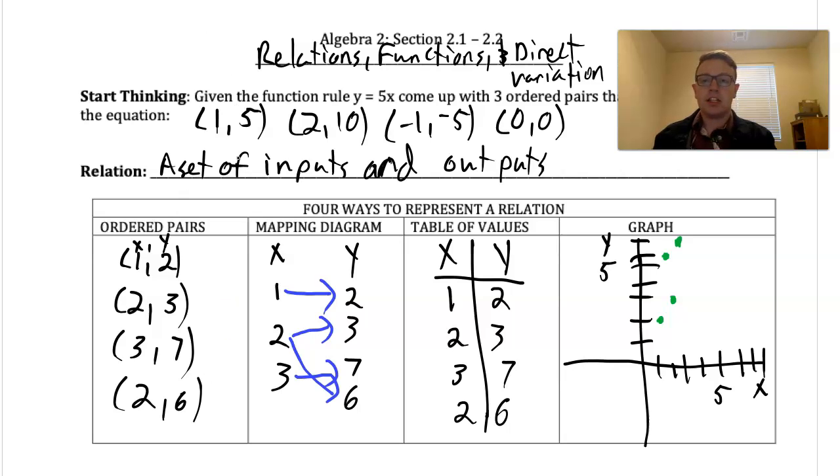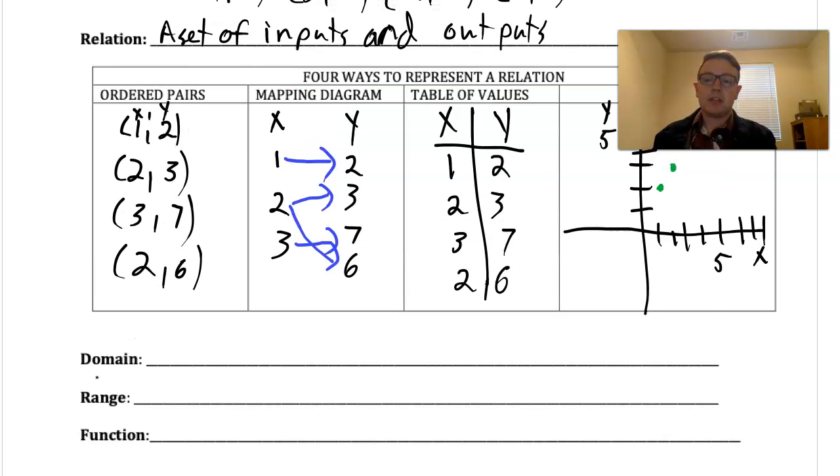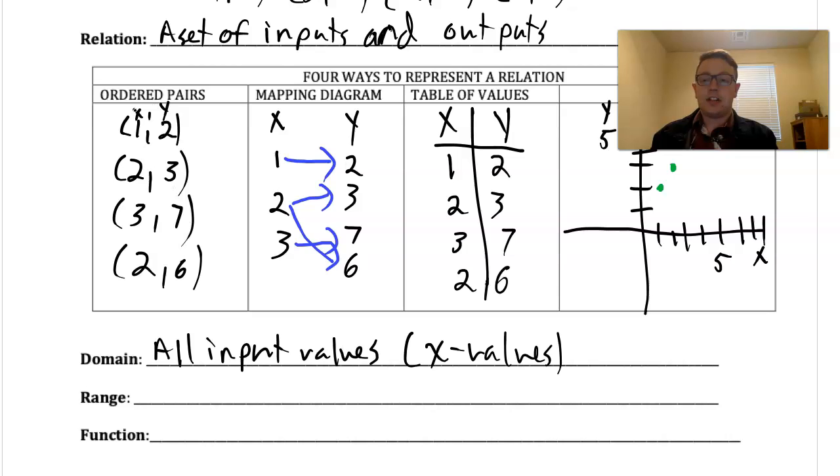So these are all different ways we can represent groups where we have one input that corresponds to an output. Now, one of the things we look at in relations are domains, and the domain is all input values, or the easier way to think about this is all of our x values. So for this, our inputs would be 1, 2, 3, and then we already have 2, so it would just be 1, 2, and 3.